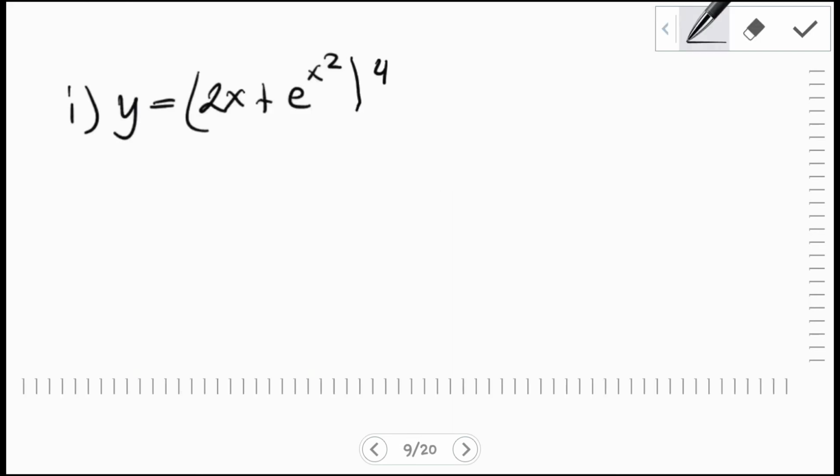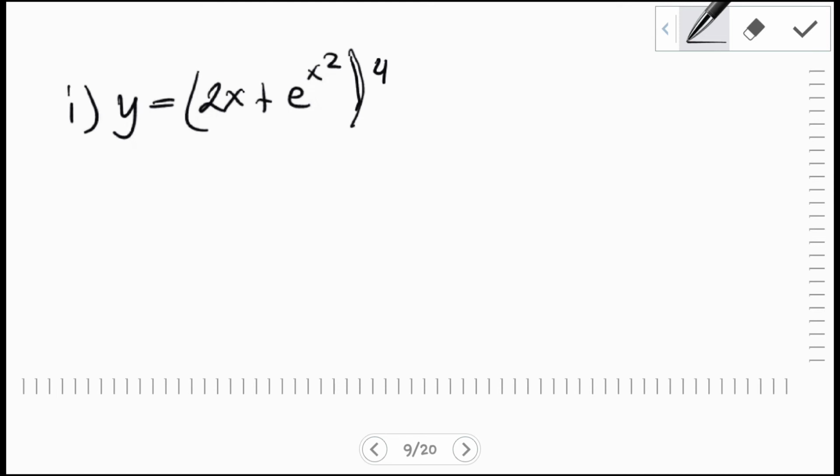Next problem. What is the first derivative of y is equals to the quantity of 2x plus e to the power x squared to the power 4? Okay, or the multiplier of 4.